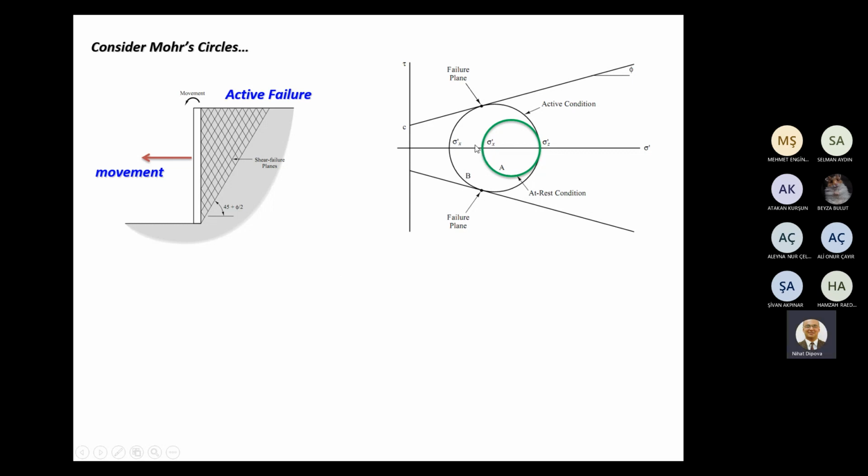Failure will occur when the new, reduced circle touches our failure envelope. So this state shows failure time. Decreased sigma x reached this value, and the new circle is tangent now to the failure envelope, and active shear failure planes will be mobilized.